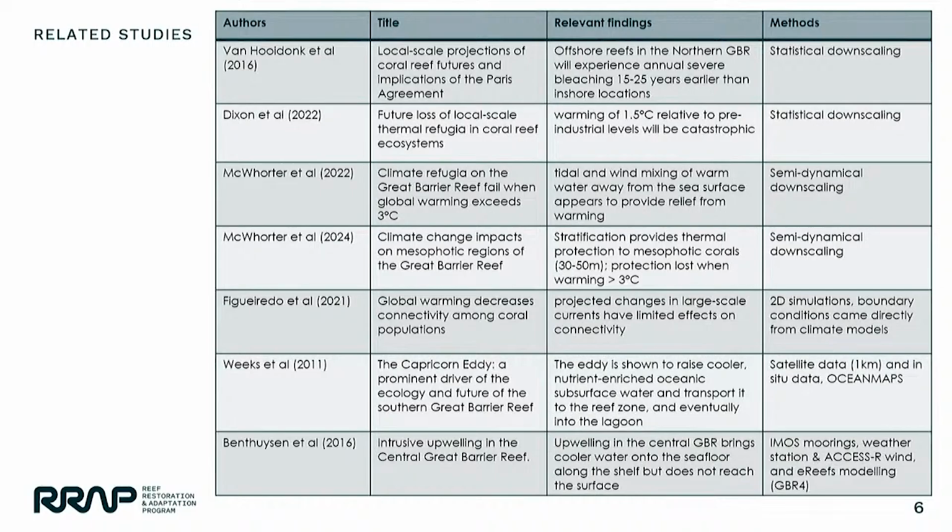I listed some related studies to show that there has been lots of interest in looking at climate refugia, the annual severe bleaching events, and also modeling of connectivity in the future, and what's the impact of large-scale circulations on connectivity, and some references on the persistence of upwelling along the GBR shelf.